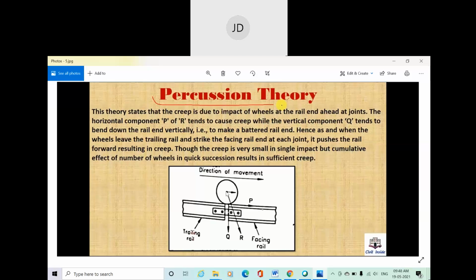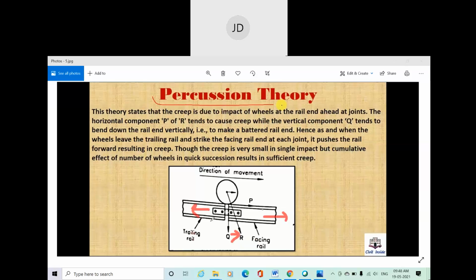Now, when the wheel comes to the expansion part or joint part, you can see the resultant component of the vertical load coming from the wheel in this direction. Because of this component of weight, a resultant force will come in this direction. That means at this joint, the movement of the wheel tends to move the facing rail or leading rail in this direction, and tends to move the trailing rail in this direction.